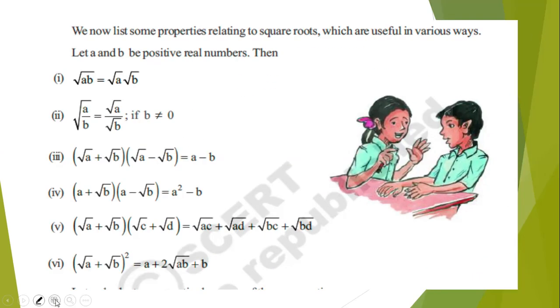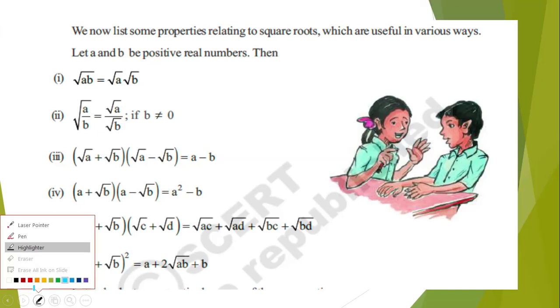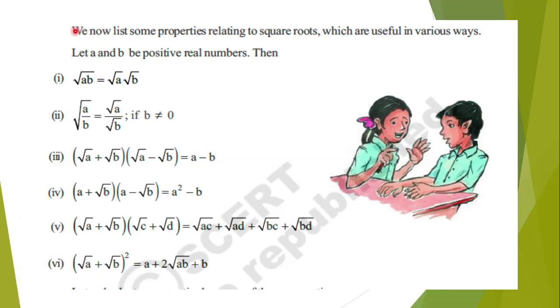Look there. What is the first statement? You may observe there. We now list some properties relating to square roots which are useful in various ways. Let A and B be positive real numbers.